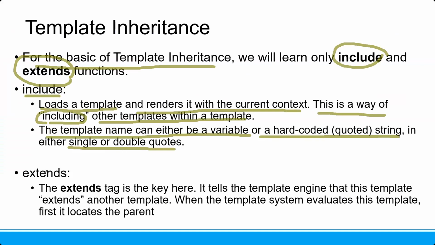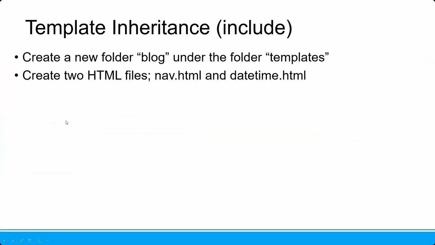If we use extend, the extend tag is the key here. It tells the template engine that this template extends another template. When the template system evaluates this template, first it locates the parent. Okay, so let's go to the example for a better understanding.